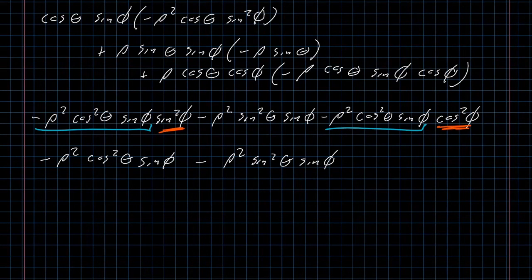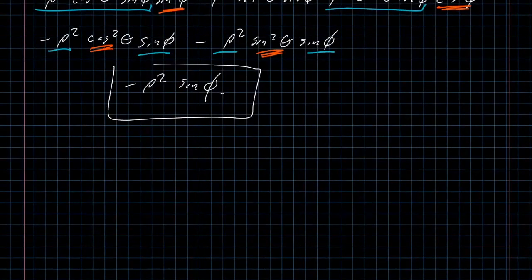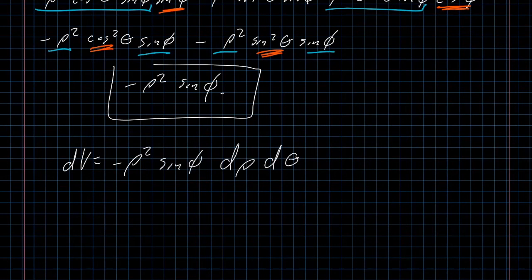And hey, one more time, we've got a rho squared, we've got a sine of phi, a cosine squared, a sine squared. Those things are going to collapse one last time: minus rho squared sine phi. And so in spherical coordinates, dV is minus rho squared sine phi d rho d theta d phi.